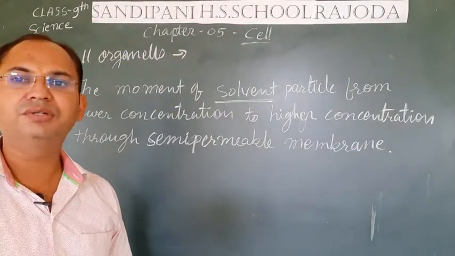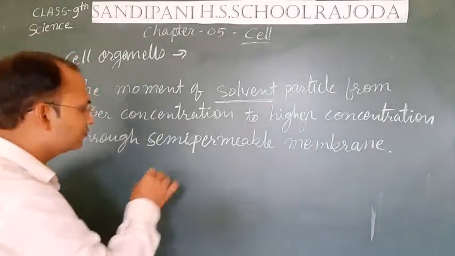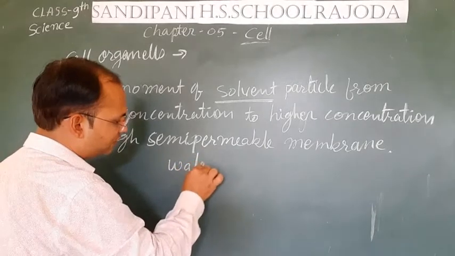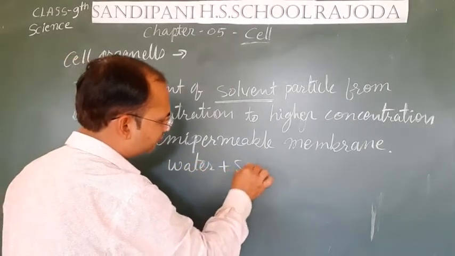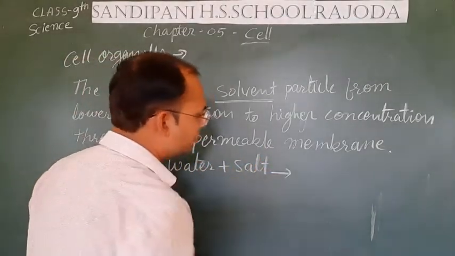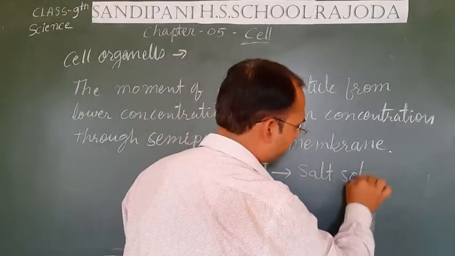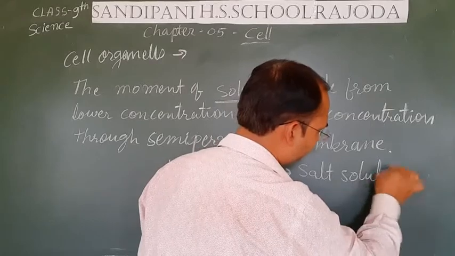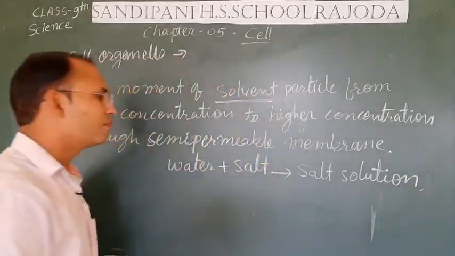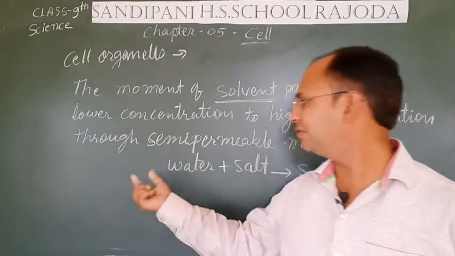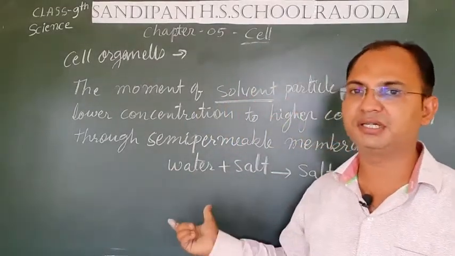Now what is solute and solvent? Let's see, if we add water and salt, then it will make a salt solution. Now you can easily detect which substance is in lower quantity and which one is in higher quantity.